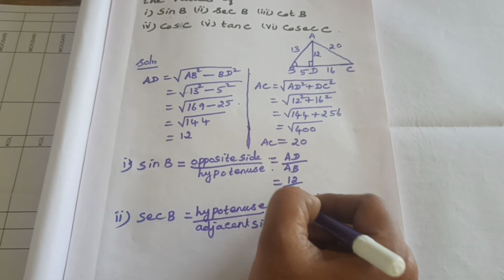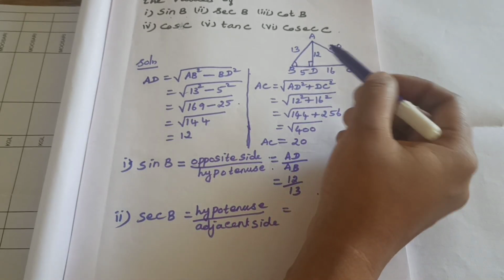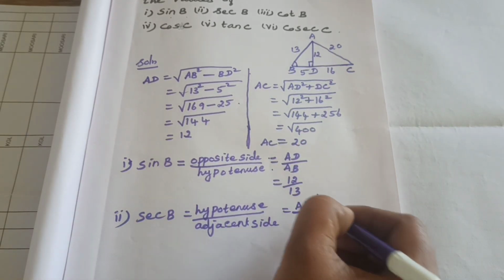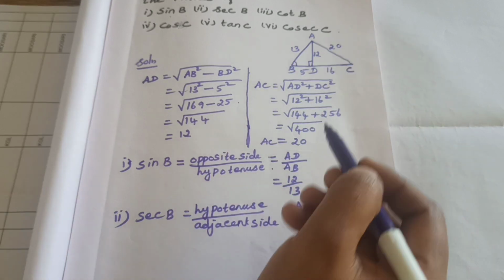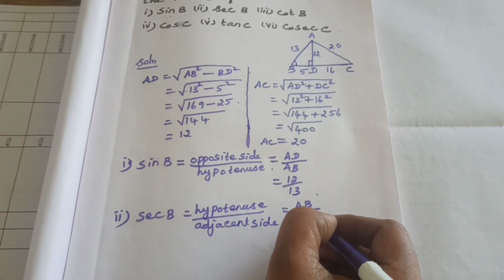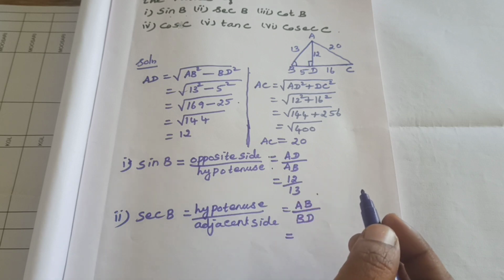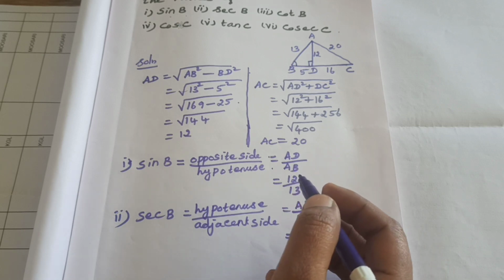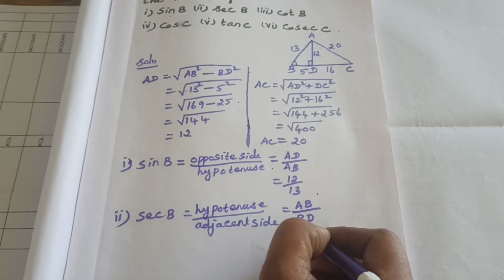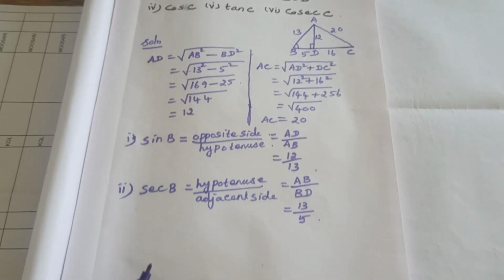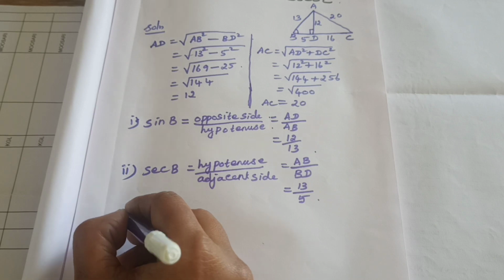Here which is the hypotenuse? AB is the hypotenuse. AB divided by the adjacent side, which is BD. What value will you get? The hypotenuse is 13, so 13 divided by 5. Right, correct? Then the next one.